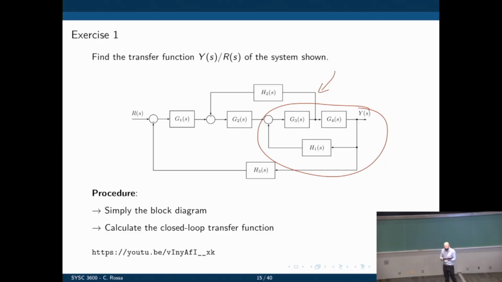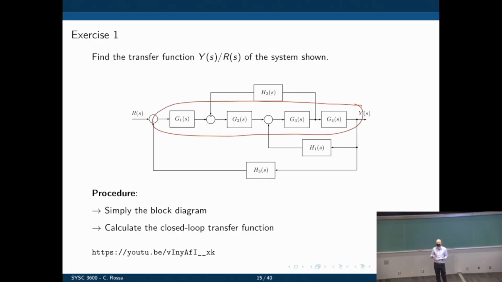We can't multiply these two signals for the same reason. There's a signal between them. We can't multiply these in cascade because there are signals in between. So clearly, we'll have to move some stuff around first before we start that simplification. Any ideas for how to start?